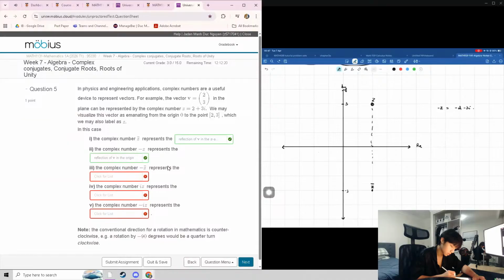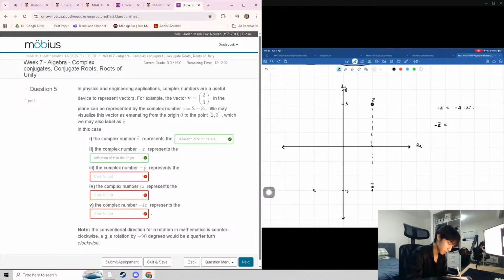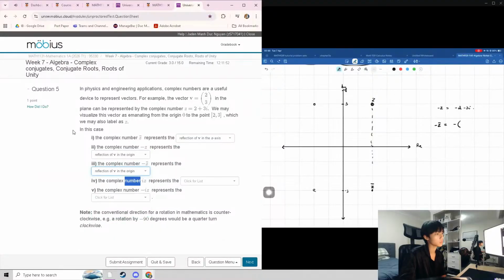Okay, that's why. They go minus 2 minus 3. And so it's around the origin. This is the origin. The minus of the complement is minus of this, so it's probably like right here. Okay, from z, right?